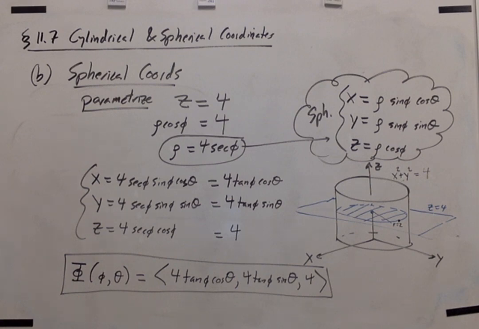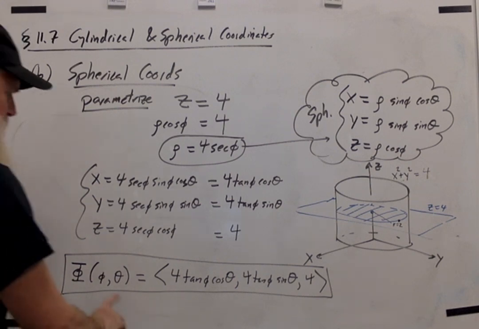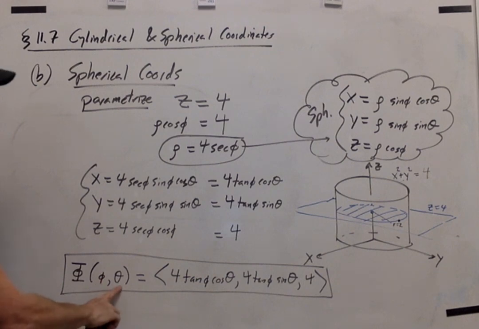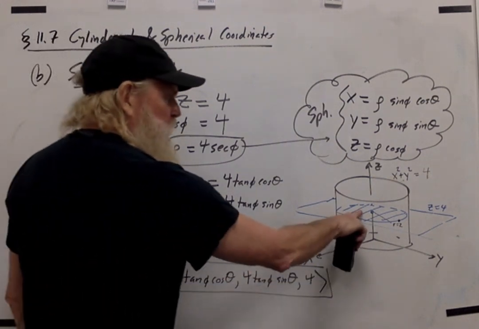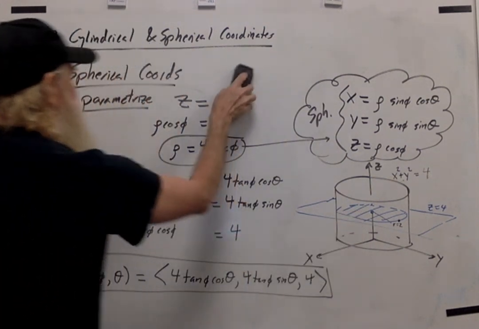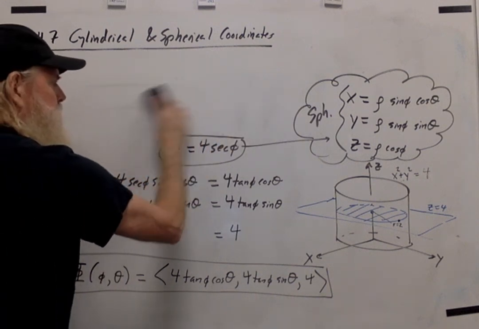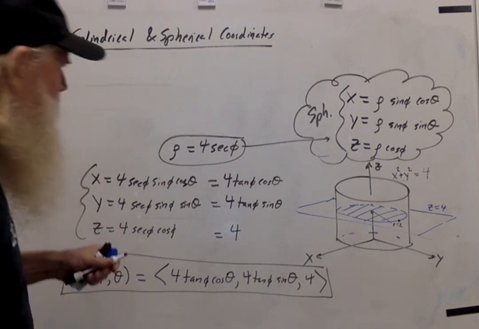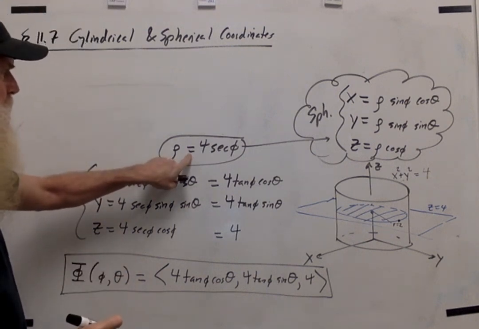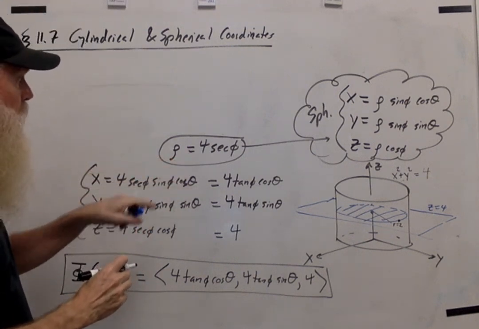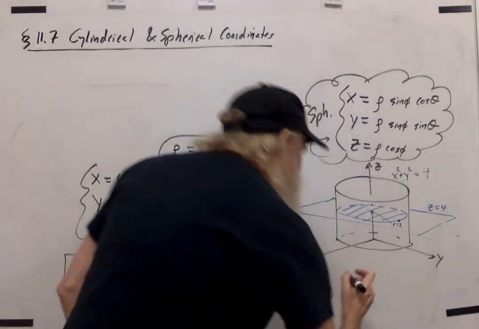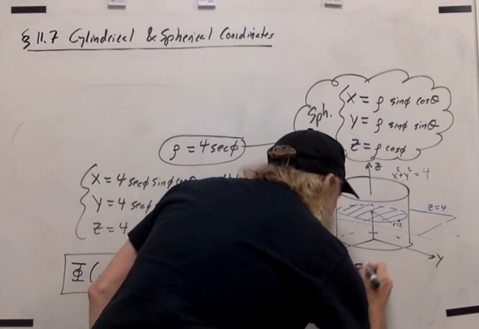Now let's look at what the bounds are going to be. So what bounds on phi and theta are going to describe just that disk? I do need to make a note that the plane is rho equals 4 secant phi. So I'll just make that note down here.